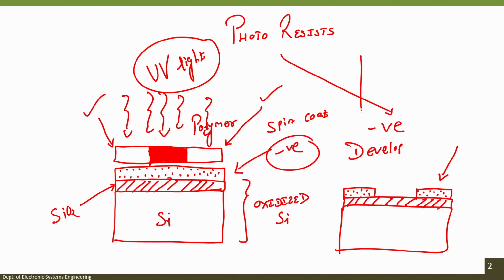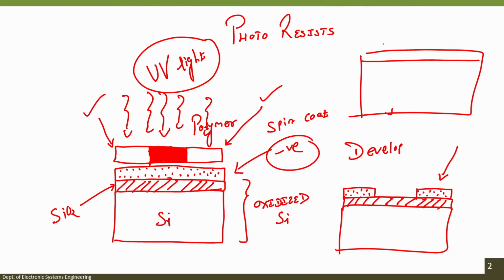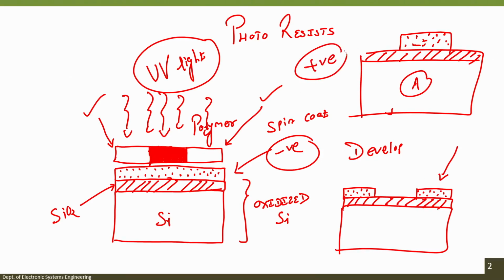That means when we used positive photoresist, we had a pattern like this, shown in figure A, and when we use negative photoresist, we got the pattern shown in B. So, depending on the photoresist, positive or negative, we will have a different pattern, either A or B. We get A if the photoresist is positive, where the area which is not exposed gets stronger.